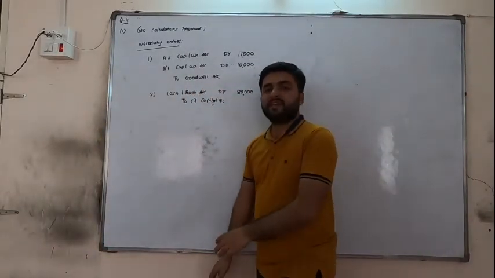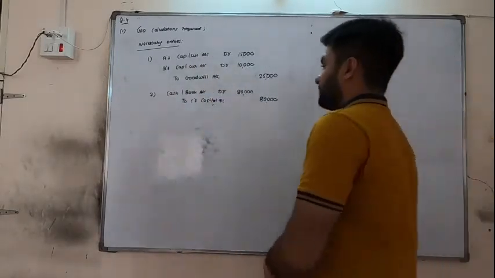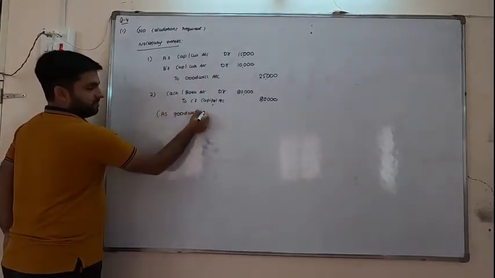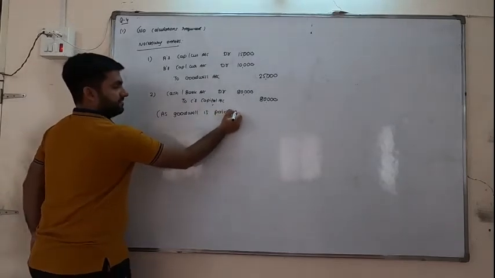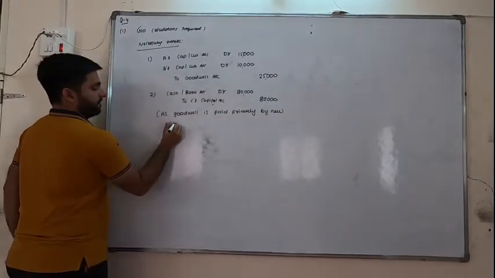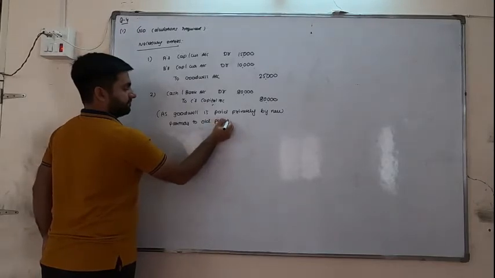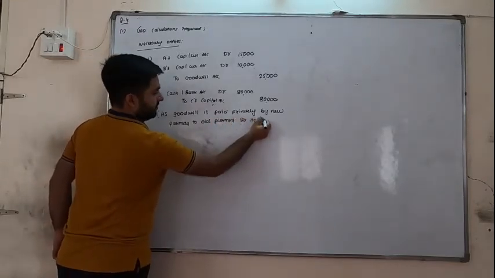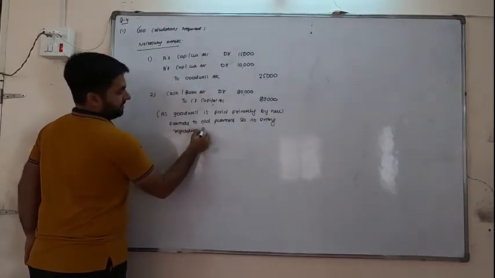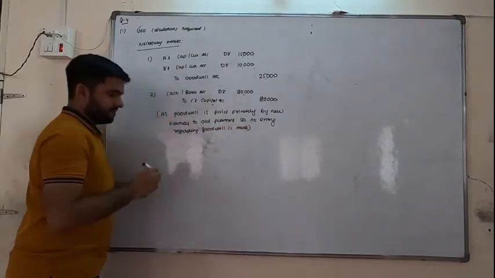In short, this is the case where goodwill is paid privately. We have to mention that, as goodwill is paid privately by new partner to old partners, no entry regarding goodwill is made.